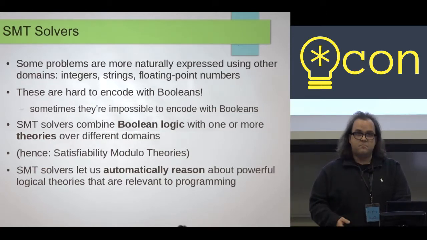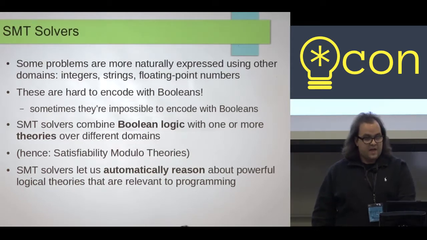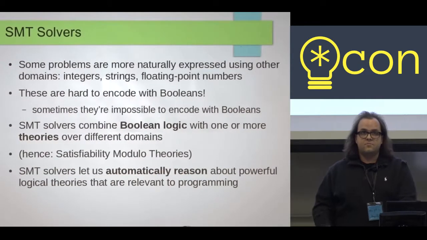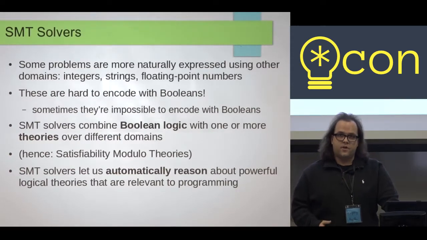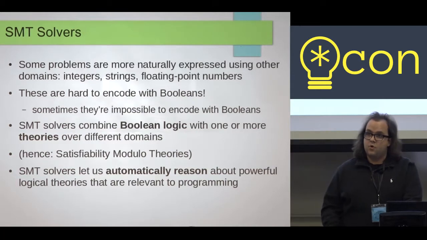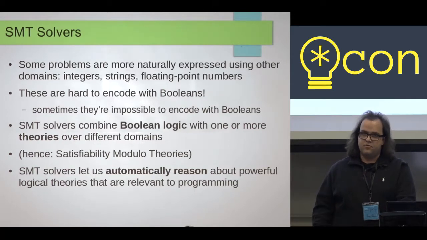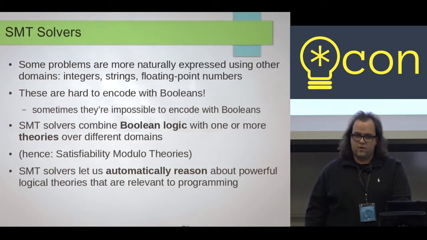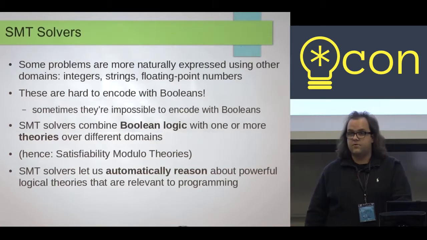Hence the acronym SMT, which stands for Satisfiability Modulo Theories. And they're great because they let us perform automated reasoning tasks over really powerful logical theories that are relevant to programming languages. So instead of having to figure out an encoding to Booleans, for example, if you're trying to prove something about your floating point arithmetic program, you can just use floating point operators directly. You don't have to worry about how that conversion needs to be done.